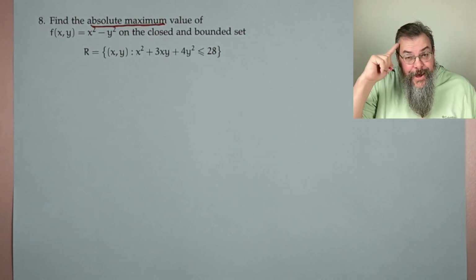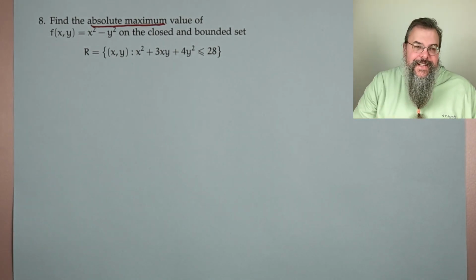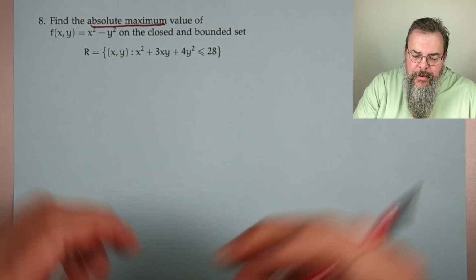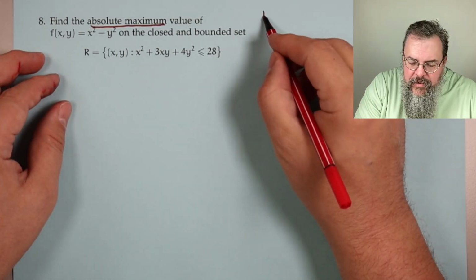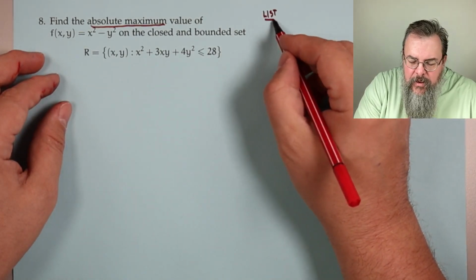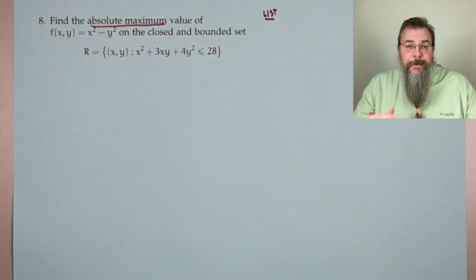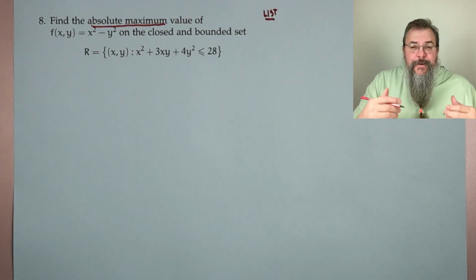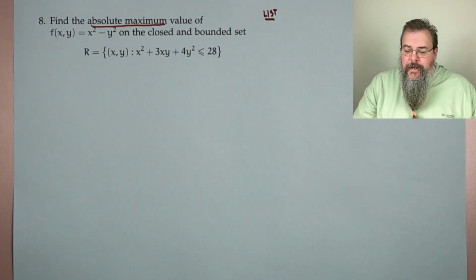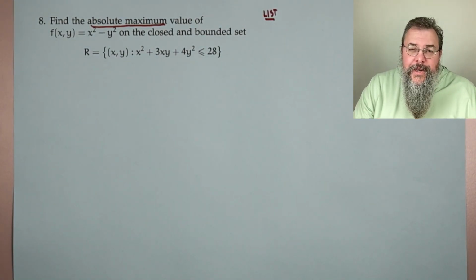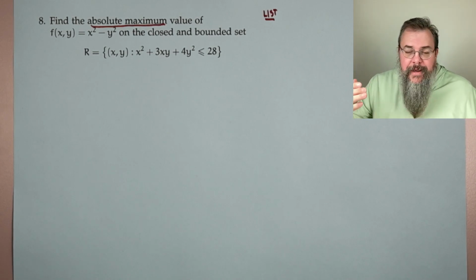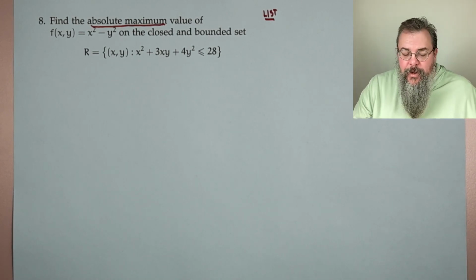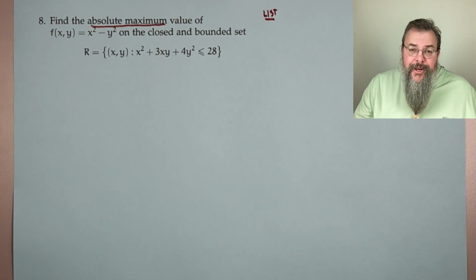So we're making a list. We're putting in our list mindset. If we're going to be making a list, let's look for where our max could happen. One place it could happen is in the interior.